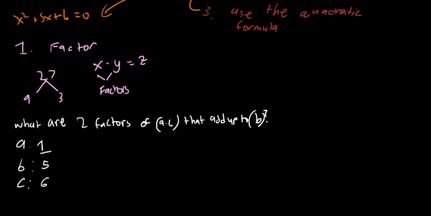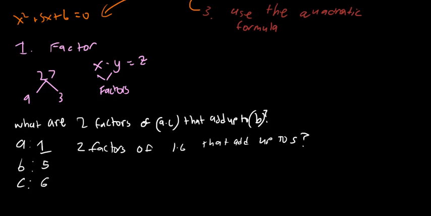What are two factors of a times c, so 1 times 6, that add up to 5? Well, let's start naming the factors of 1 times 6.